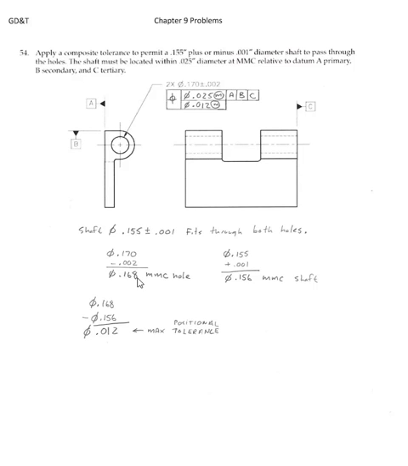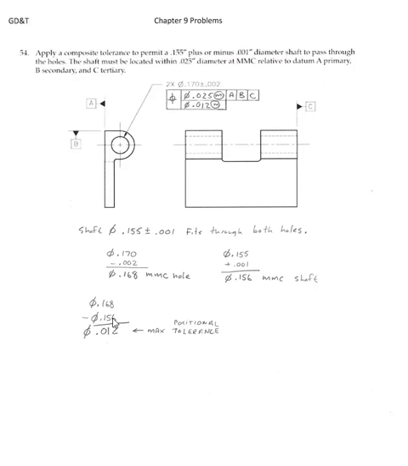Now the shaft that has to fit through there is 155 thousandths plus or minus 1, so the MMC of the shaft is 155 plus 1, which is 156 thousandths. So the MMC of the hole is at 168 thousandths, and the MMC of the shaft is at 156 thousandths.